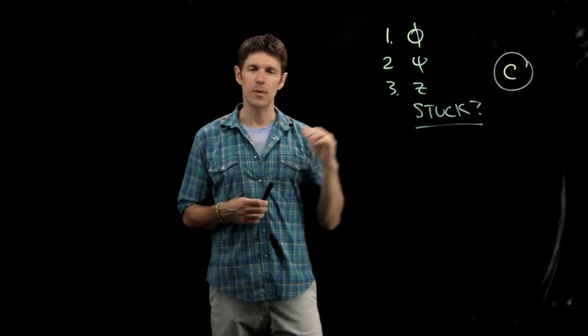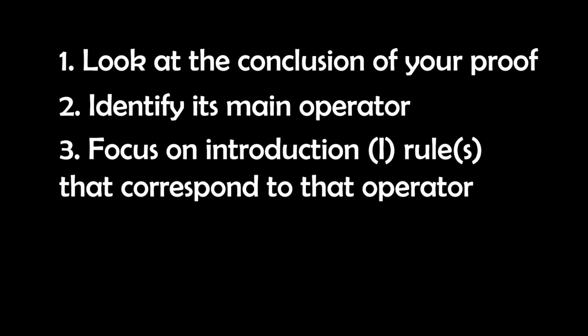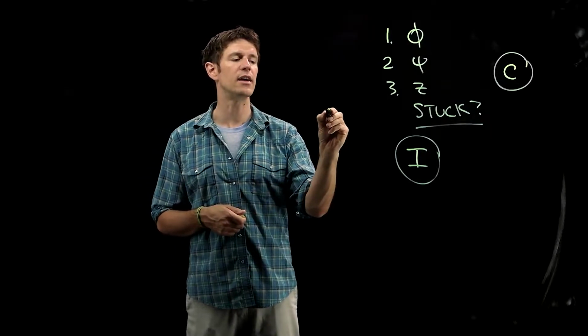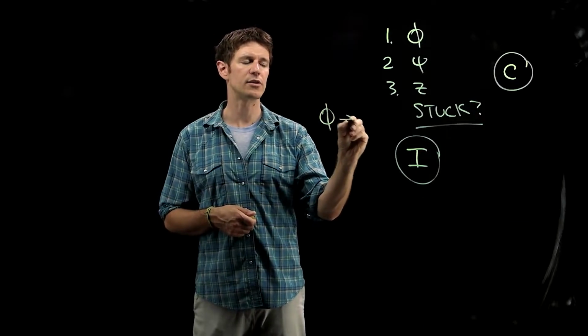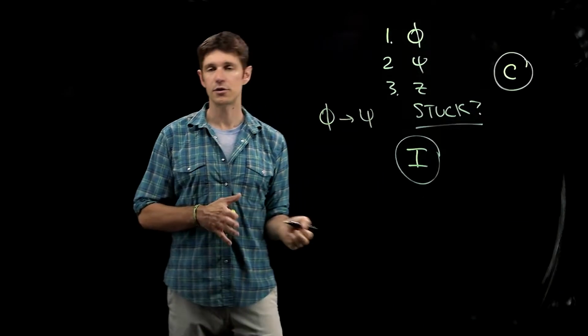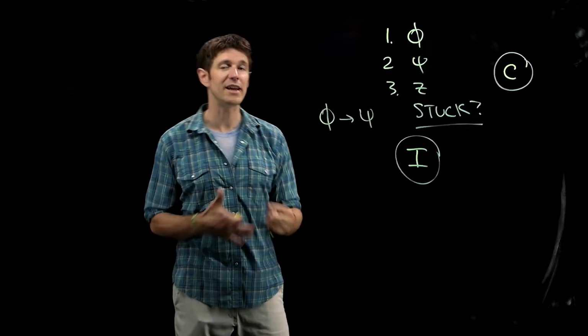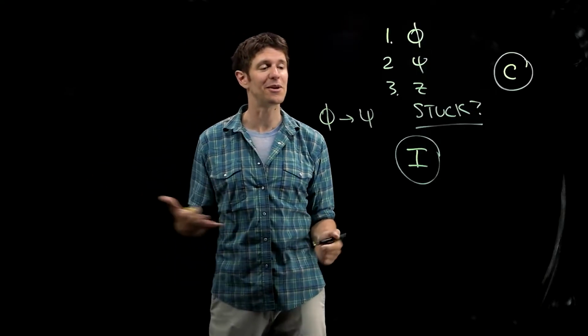You should look at the main operator of your conclusion and then try to focus your attention on an introduction rule. So a rule that usually has an I to the right of it as its abbreviation that corresponds to the main operator in this conclusion. So if you had, let's say, a conditional as your conclusion, you shouldn't look at conjunction elimination or biconditional elimination.